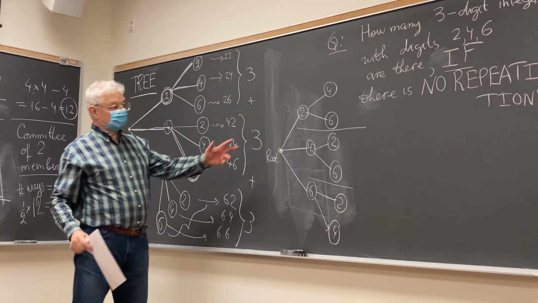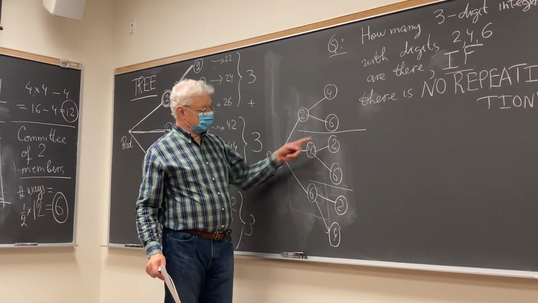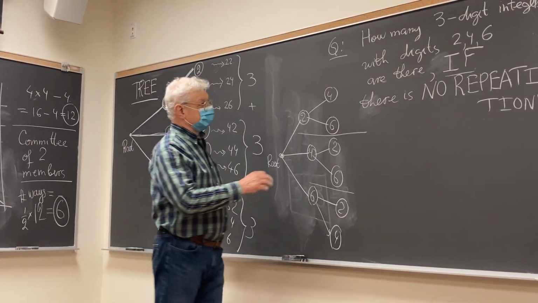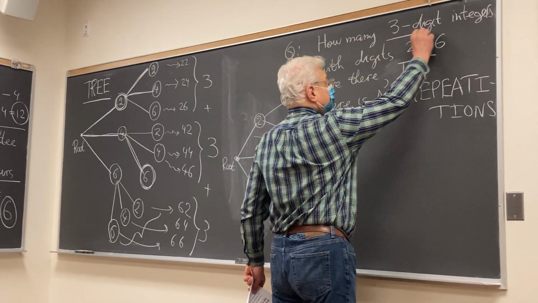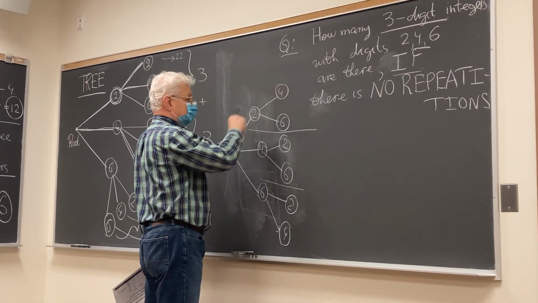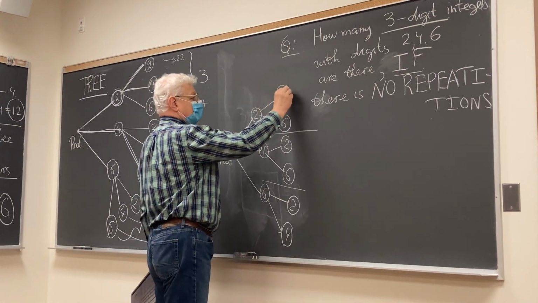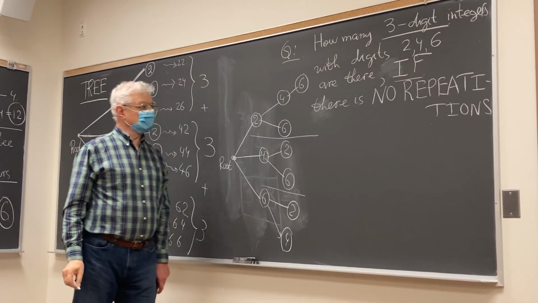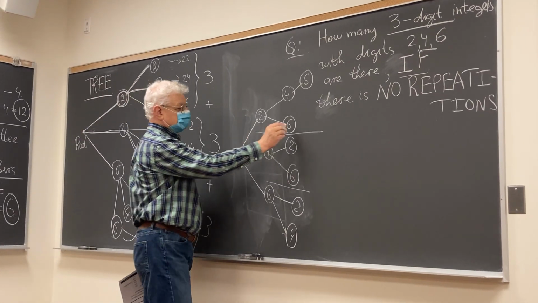Now we have 2-digit numbers, 24, 26, 42, 46, 62, and 64. But we are considering 3-digit integers. So we have to extend one more. Okay, 4, how to extend? We have 2, 4, and last one is only 6. Only one possibility, 6. 2, 6, how can we extend?